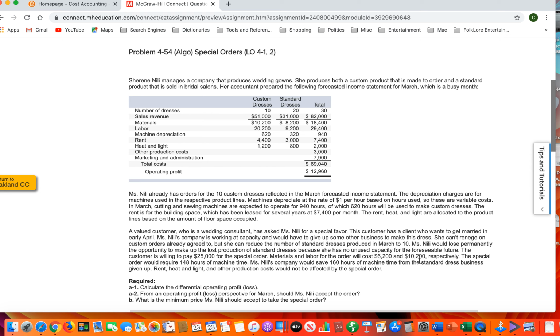Well, she's going to give up 10 standard dresses, which again is half of that 31,000. So she's going to give up $15,500.